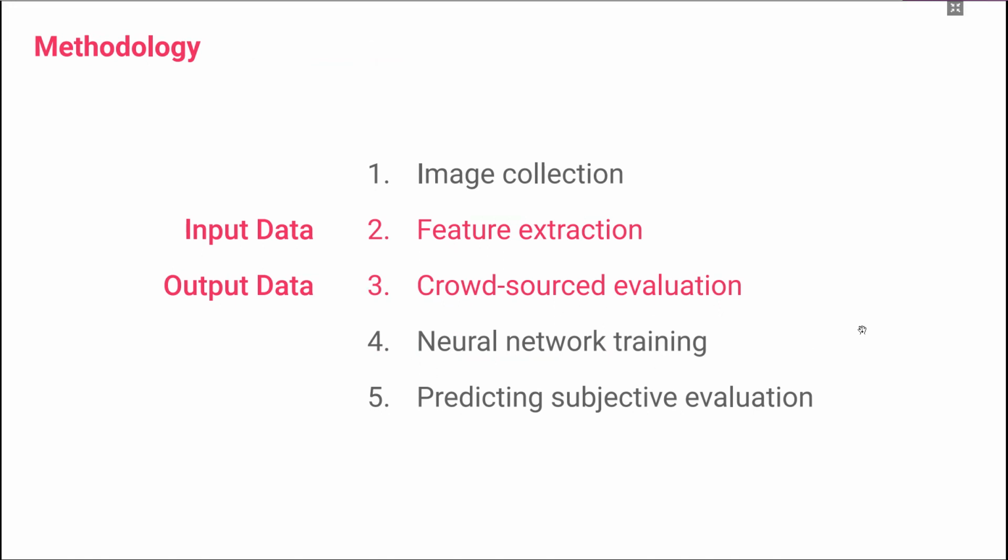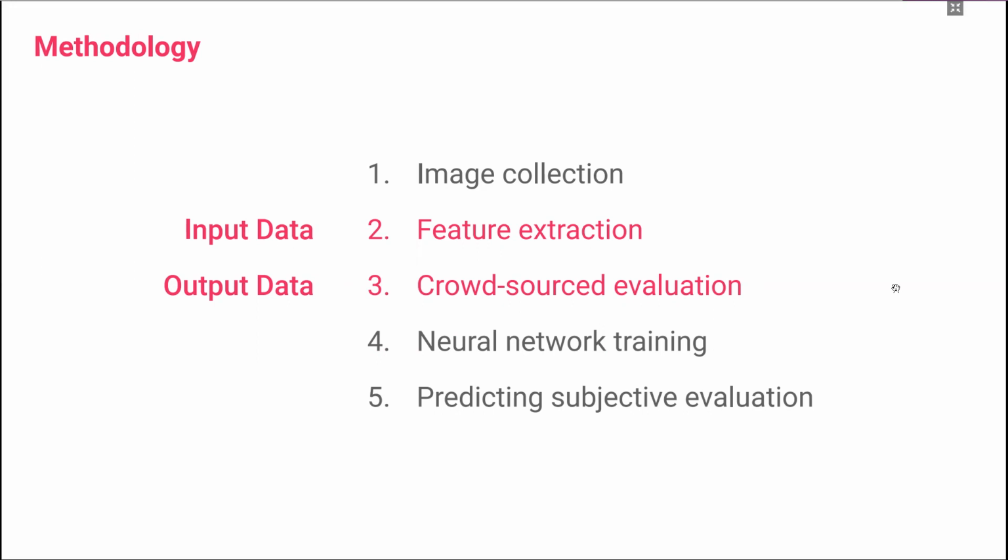The fourth step is training a neural network with the extracted features of the images. In other words, the input values and the output values, which should be the crowdsourced evaluation, or the average of how safe or how beautiful an image is.